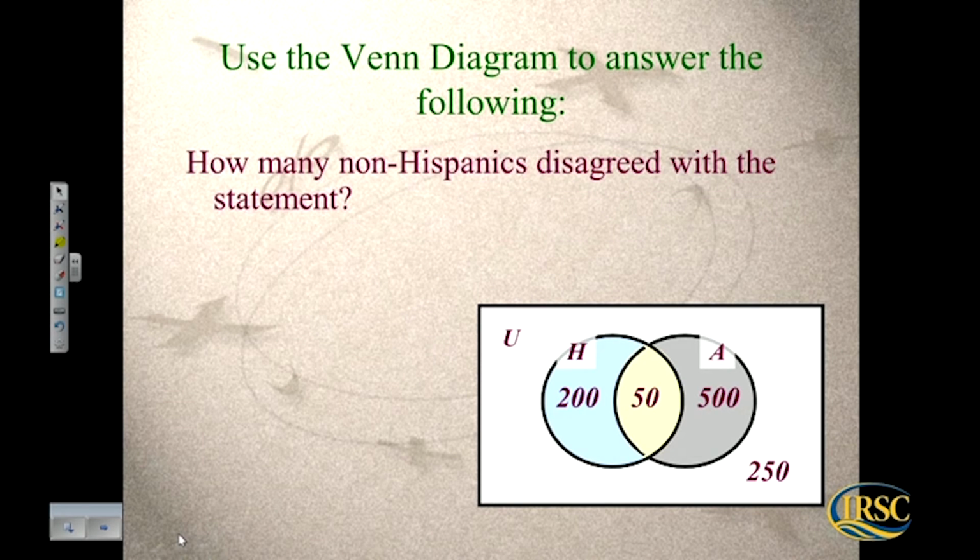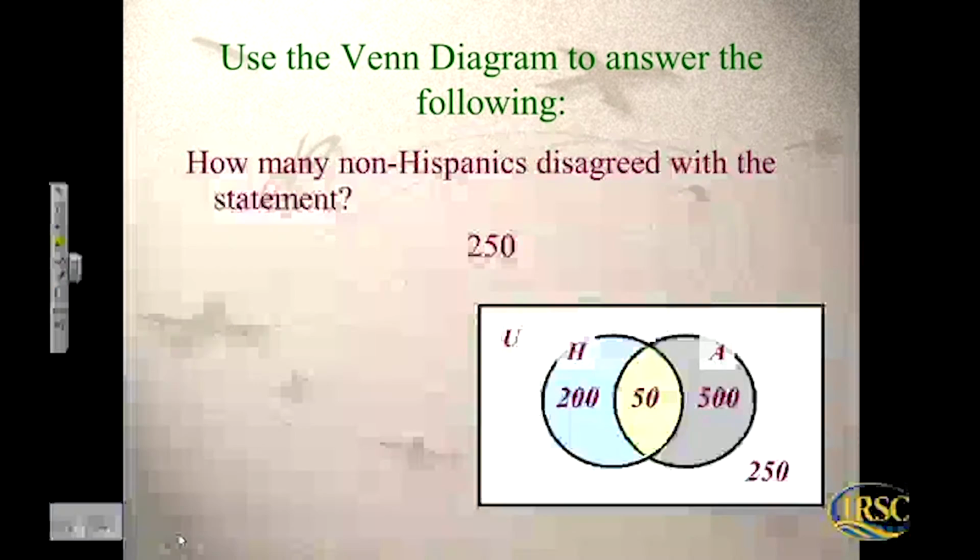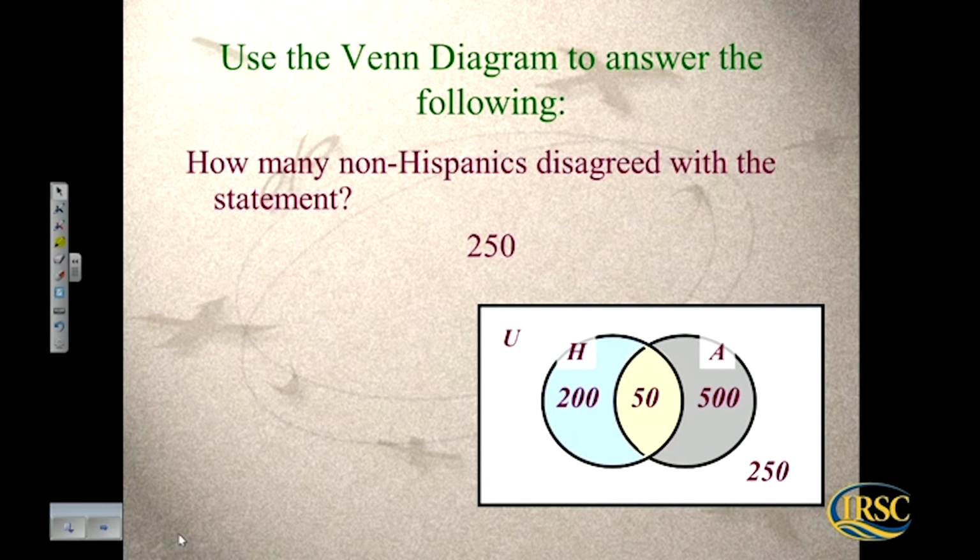Okay, second question, how many non-Hispanics disagreed with the statement? How many? 250 is correct, good. Because that means they're not Hispanic, so they're outside that circle, and they disagreed, so they're not in the circle for agreed. So it's outside both circles, 250.